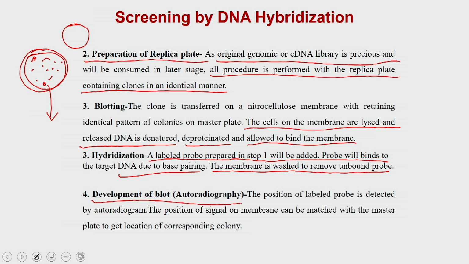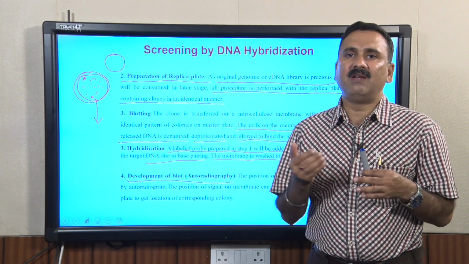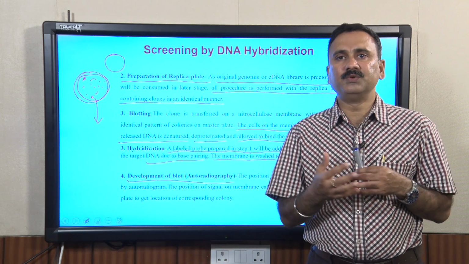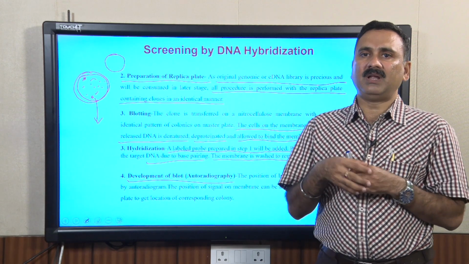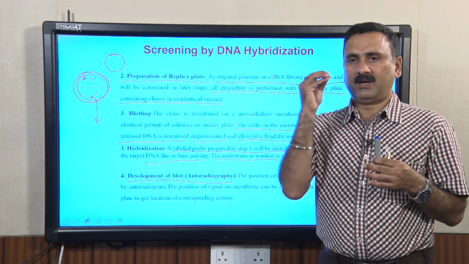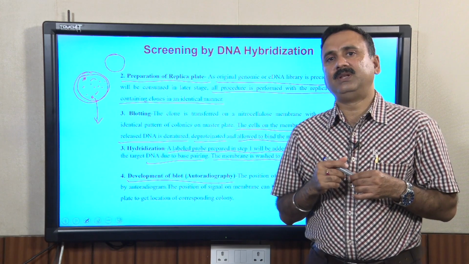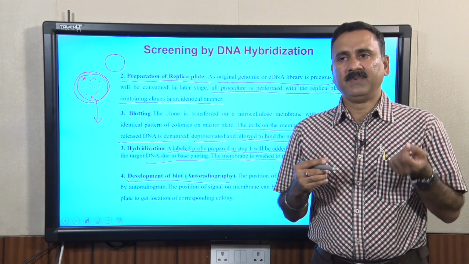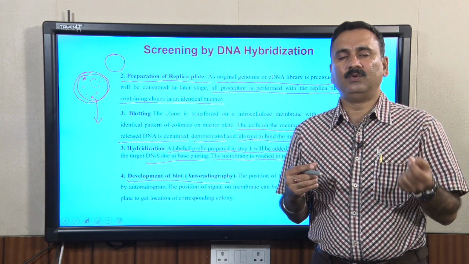And then at the end, you will develop the probe with autoradiography. Autoradiography means you will use X-ray film and put the X-ray film on top of the membrane. The membranes have radioactivity, so they will produce beta particles, and these beta particles are going to interact with the film, and once they interact with the film, they are going to give you the signal.